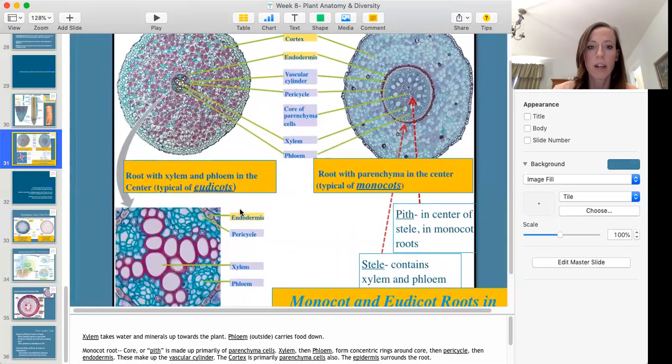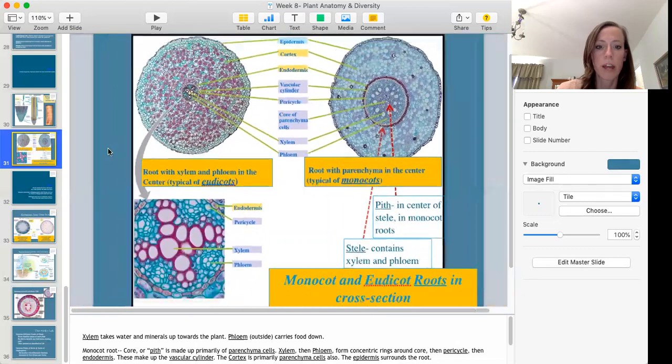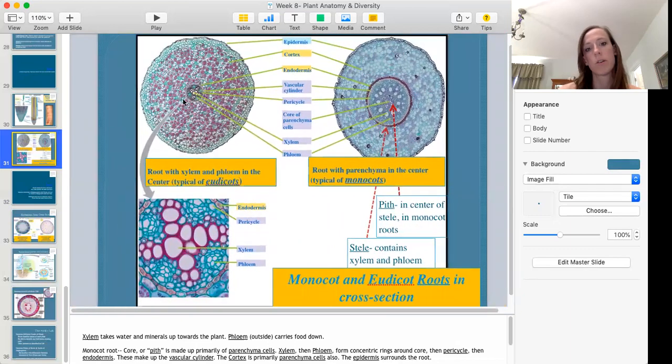Okay, and then we're going to move over to look at our dicot root now. So that's this picture here. A lot of the same structures are present. However, they take on a different orientation. As I had mentioned in one of our previous slides, the xylem is now forming this X structure in the root of the dicot, shown here in the top, and then enlarged here in the bottom.